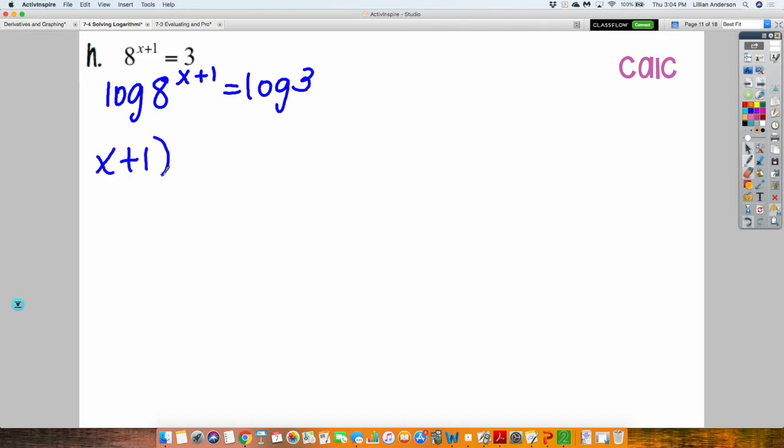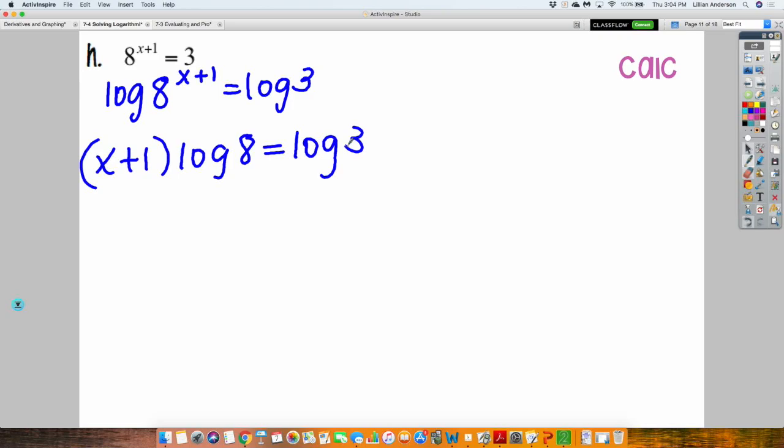And just like before, it's being multiplied to that log of 8. Which means to solve for x, please don't distribute. Don't distribute here, okay? Yes, you can distribute, but that just means more work at the end, okay?